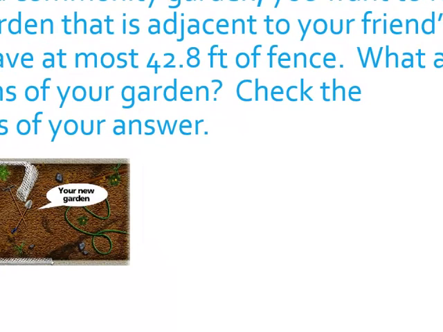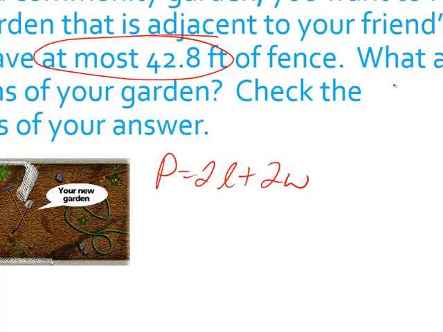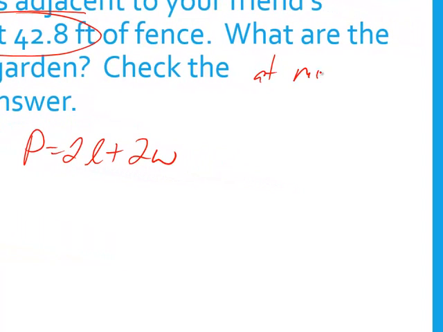So we need the formula for perimeter, which is P equals 2L plus 2W. Alright, now the largest our perimeter can be is at most 42.8 feet. So we have at most. What the heck does that mean? Well, let's think about it.